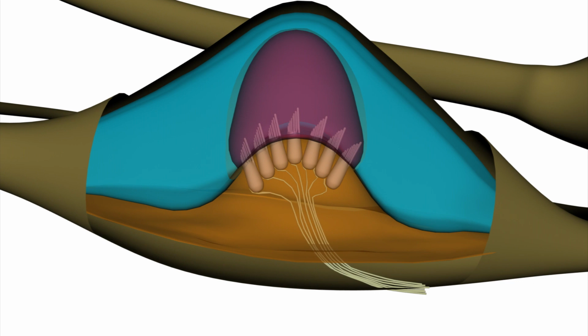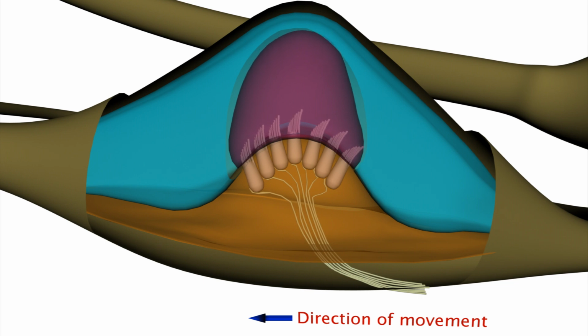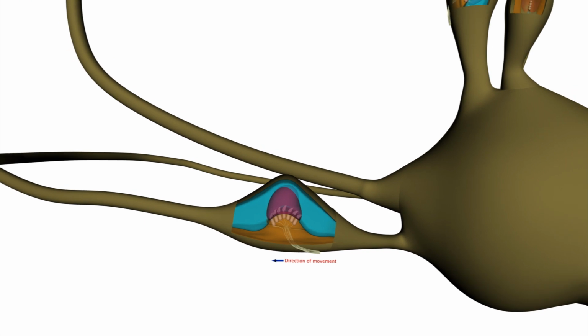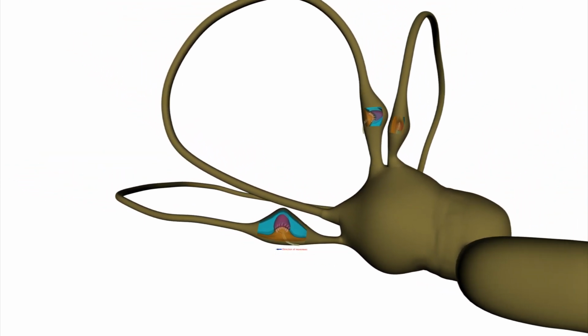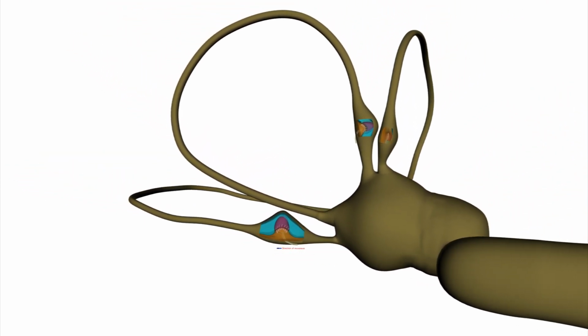This is possible because as the head moves in one direction, let's use the horizontal semicircular canal, sideways, the inertia of the endolymph tends to keep the fluid in place, thus pushing the cupula in the opposite direction to the movement of the head. Because the plane of the two other semicircular canals is perpendicular to the direction of movement, the cupulas of those Crista ampullaris are not affected by this type of movement.